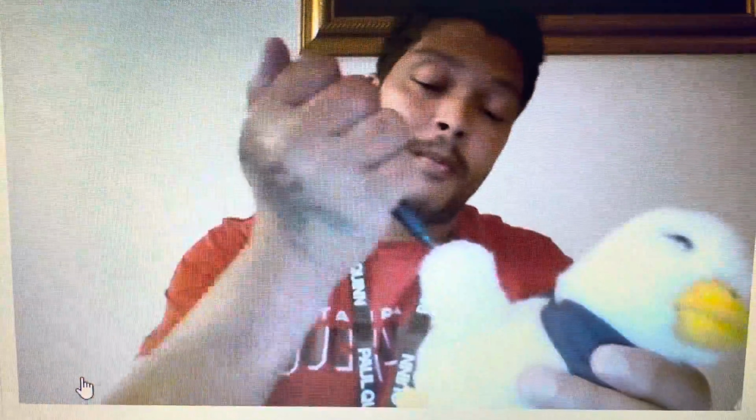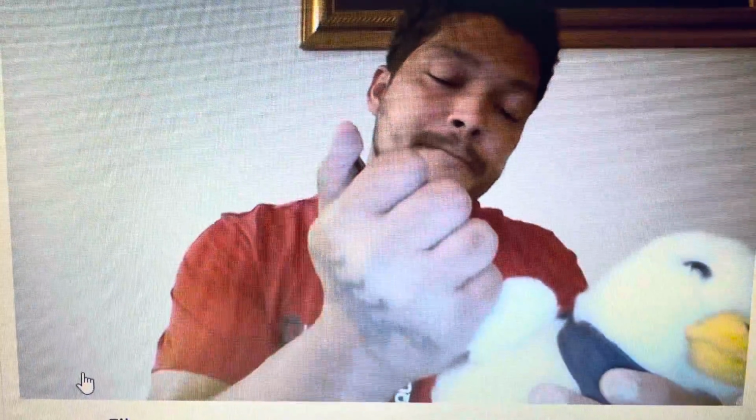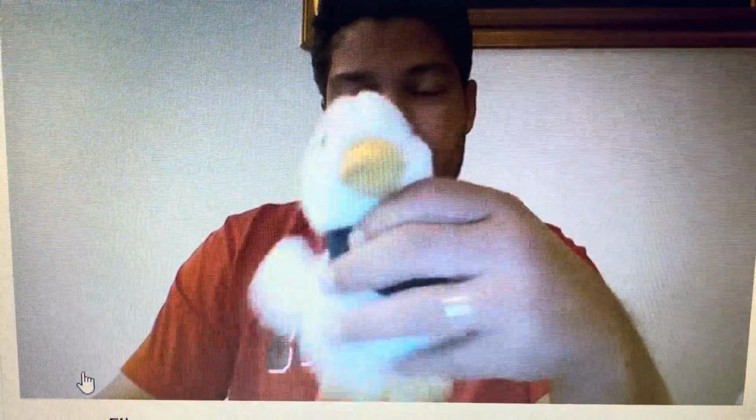Our next candidate, we have another duck, Ducky number 2. Ducky number 2 is injected with living R cells. They're non-pathogenic. Quack, quack, quack.